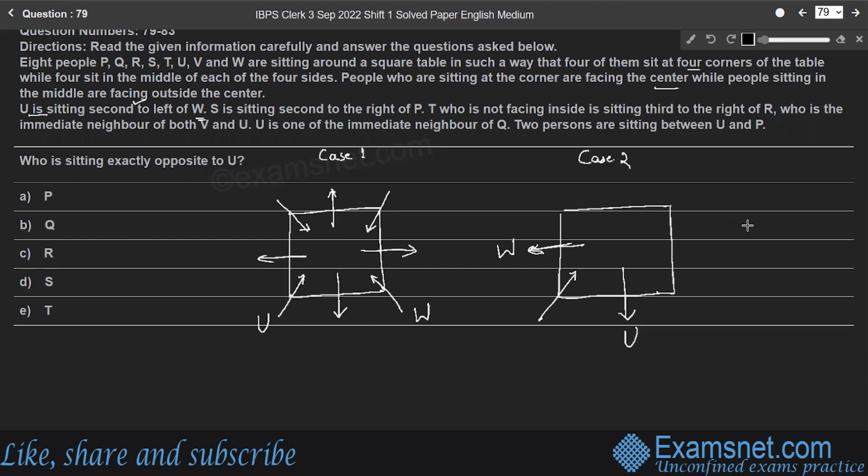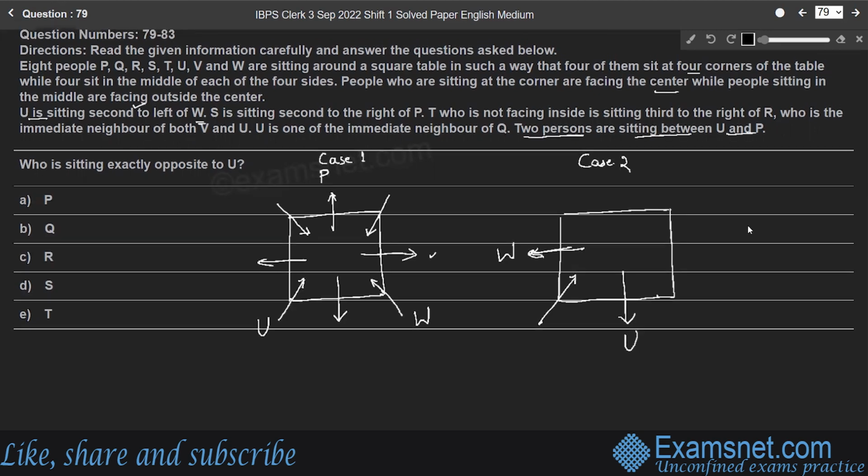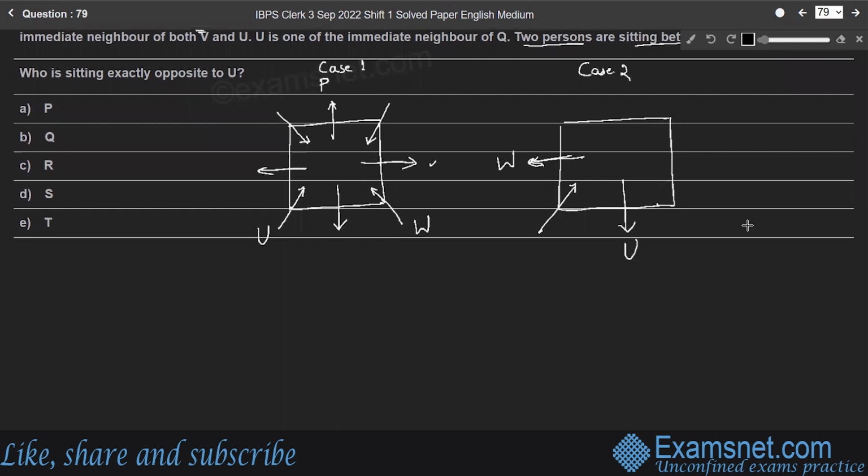And the second point here, 2 persons are sitting between U and P. So in the first case, 2 persons sitting between U and P means either P can sit here or here. Therefore, there is a subcase in case 1.